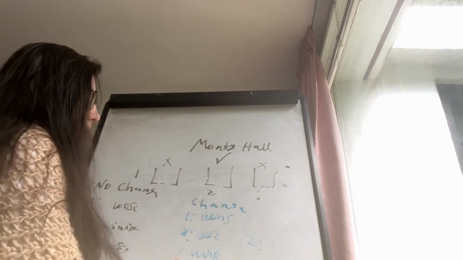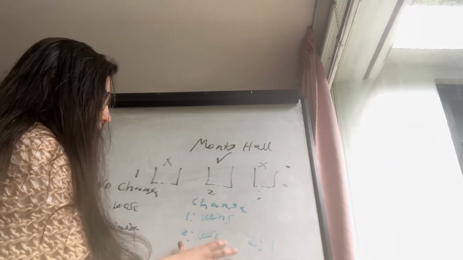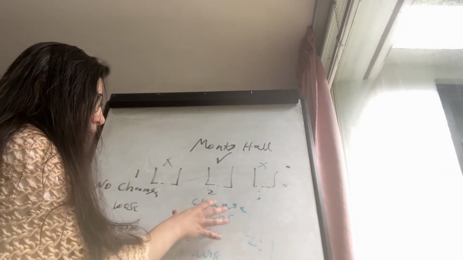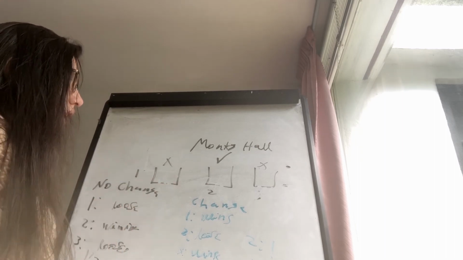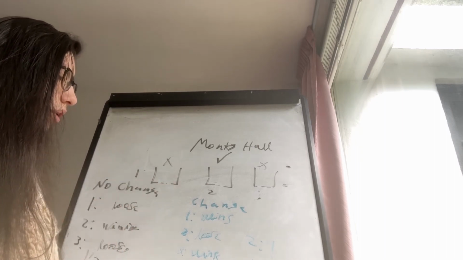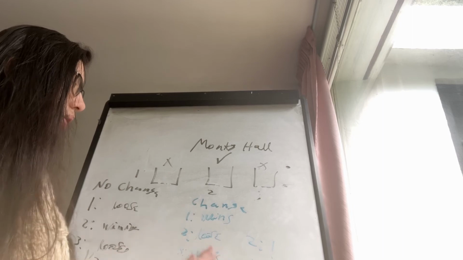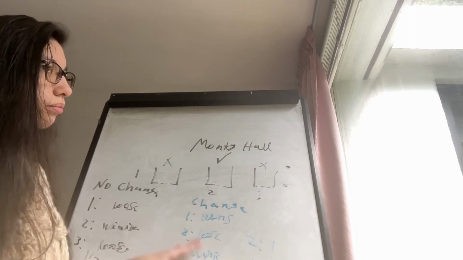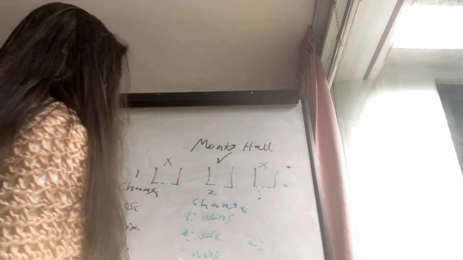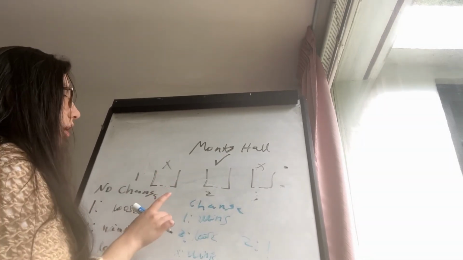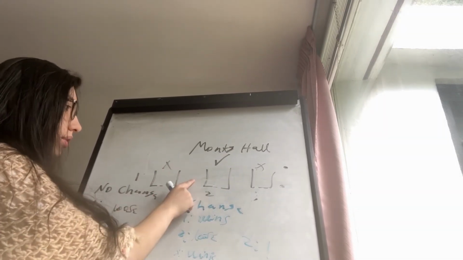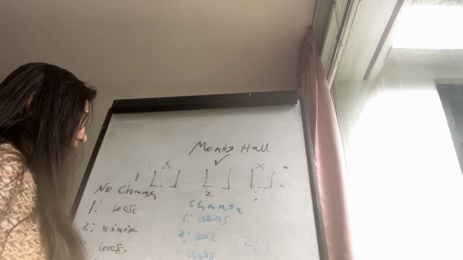Actually, these are the odds of winning and losing given the first choice, but the probability of winning with this mechanism of playing is the probability of selecting the wrong box at the beginning, which is 2/3.